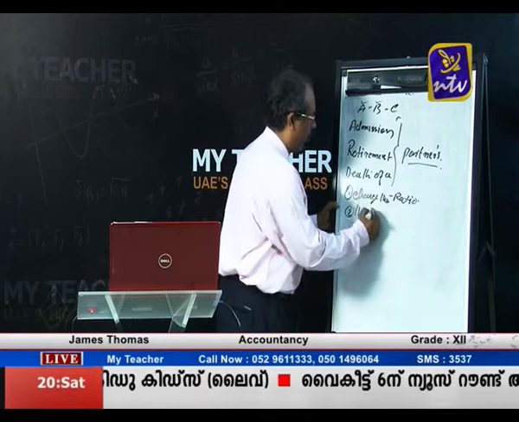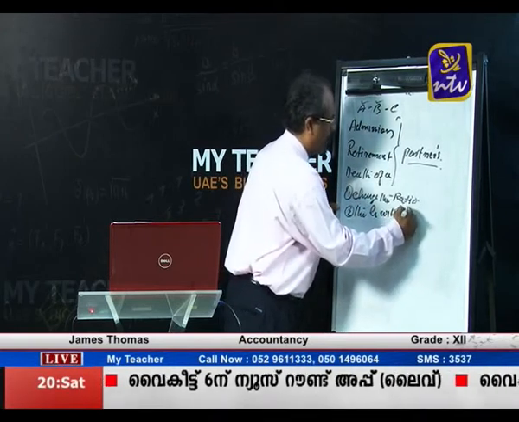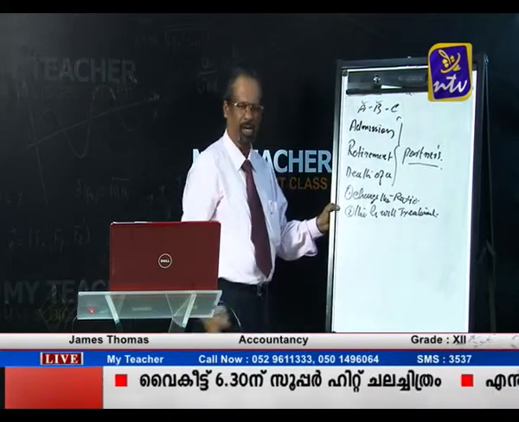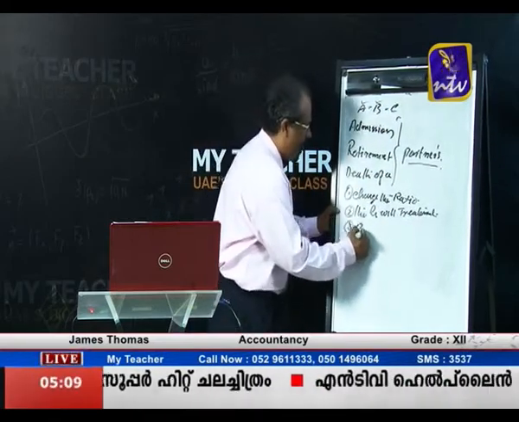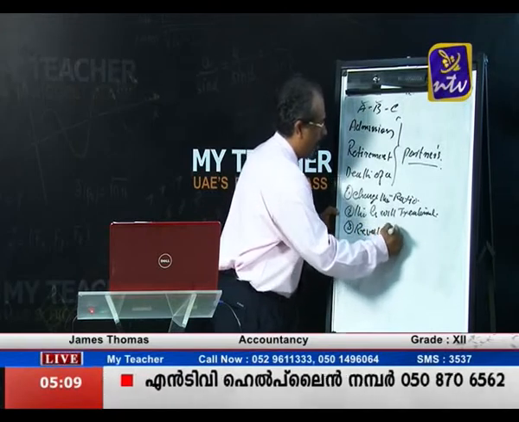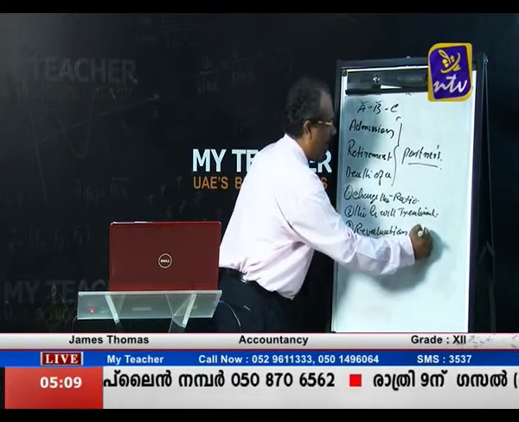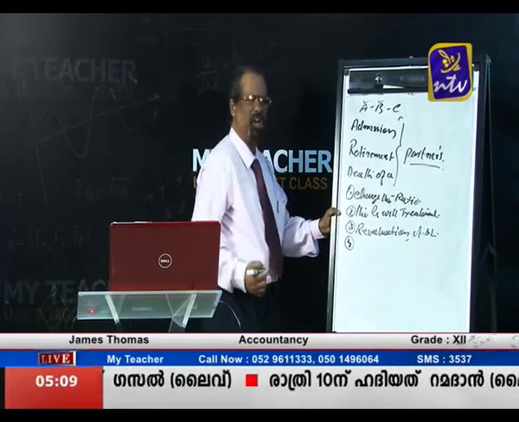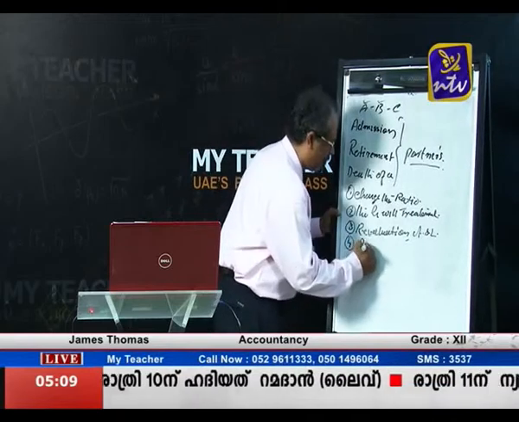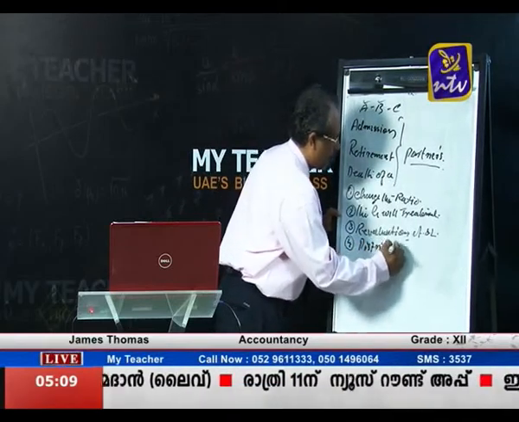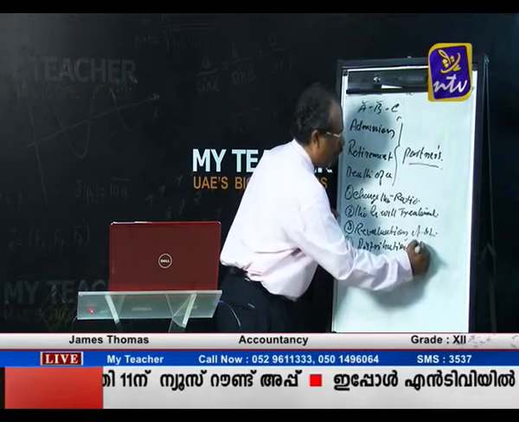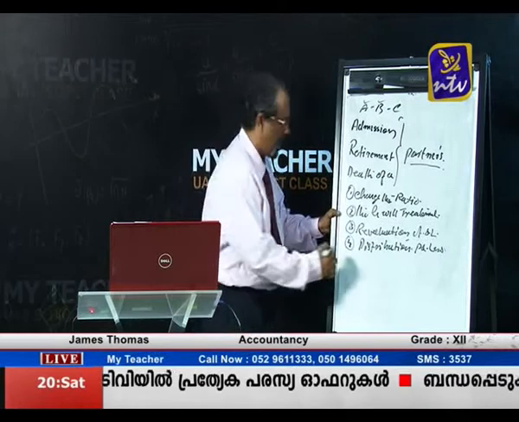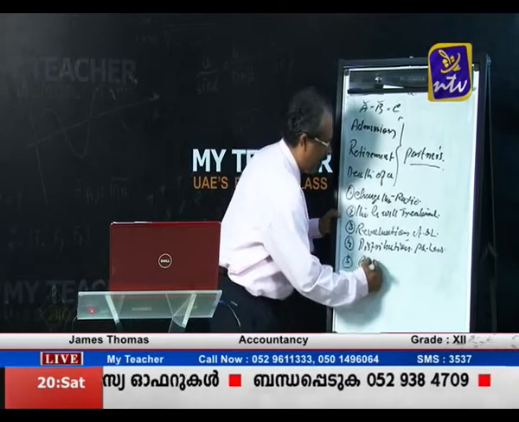The second point is the goodwill treatment, the third point is revaluation of assets and liabilities, and point number 4 is distribution of undistributed profit and losses, and the last point is the capital adjustment.